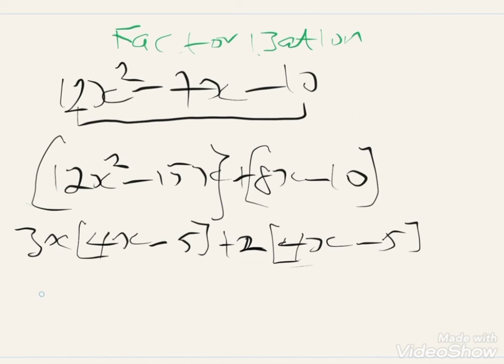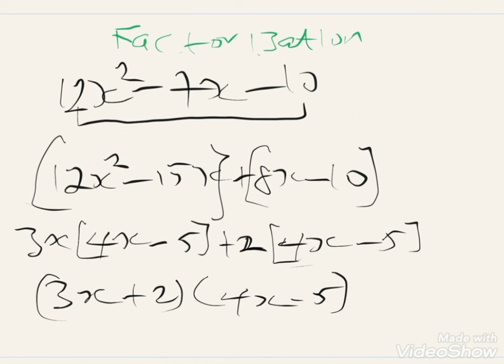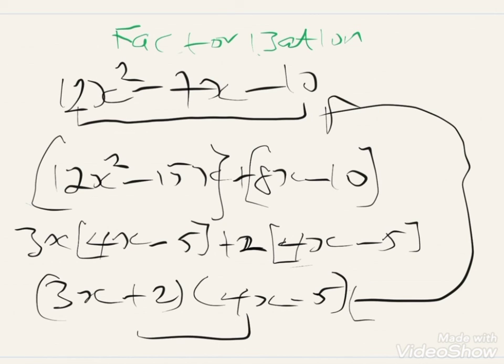So writing out the factors will give me the outside one, 3x plus 2, and 4x minus 5. So these are the factors of this expression given to us here. When I multiply these two, I will have the original expression.